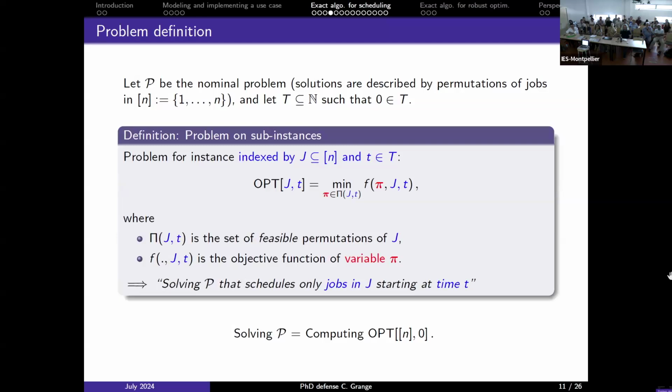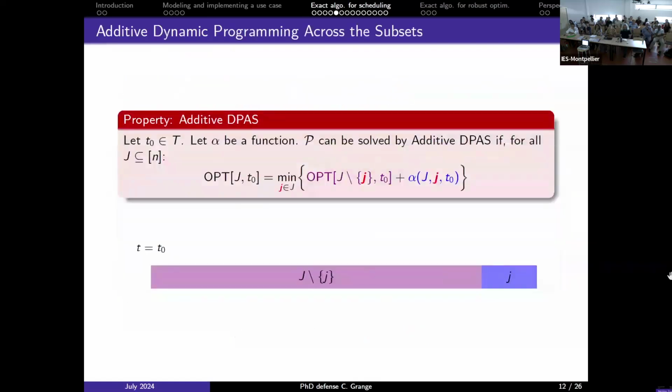Okay, so now I will describe to you the properties that my scheduling problem must satisfy to be solved with our algorithm. So the first property is the additive dynamic programming across the subsets, that I will call additive DPAS. So what does it mean?